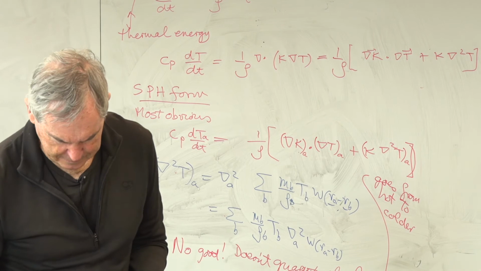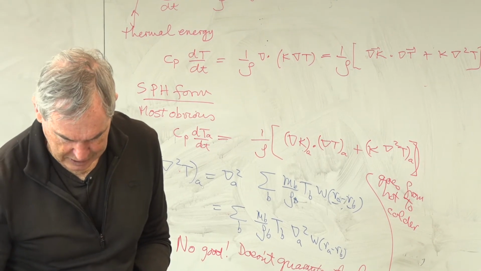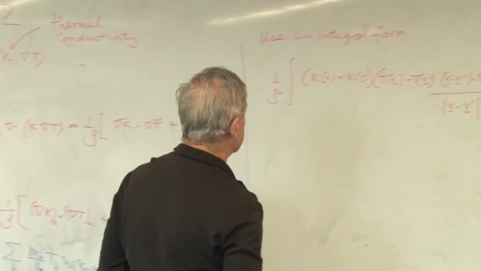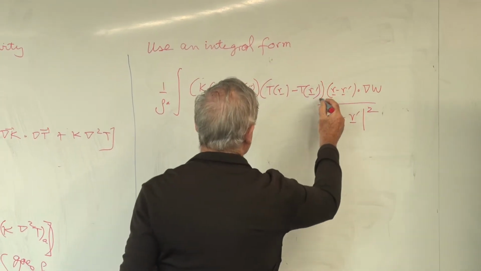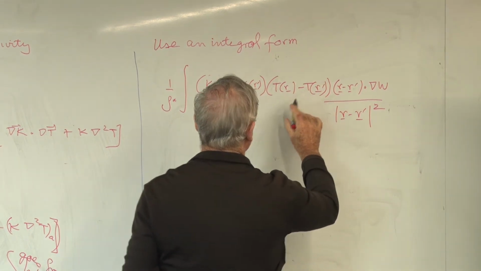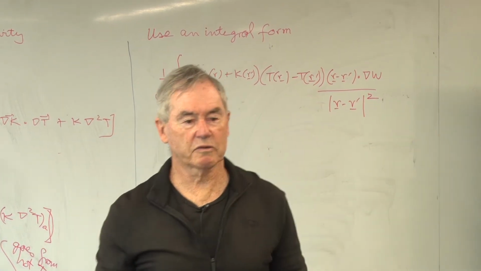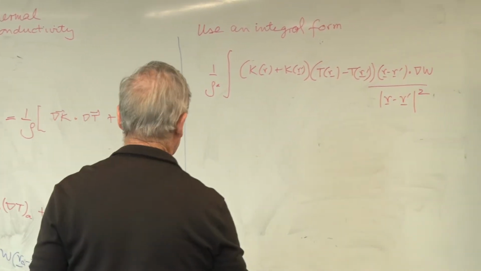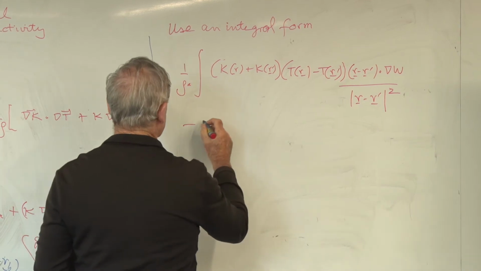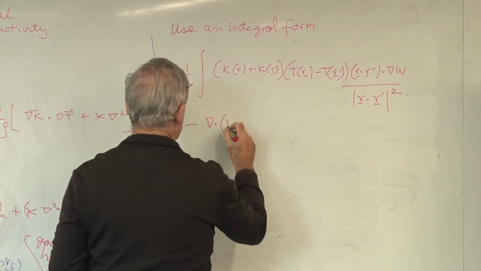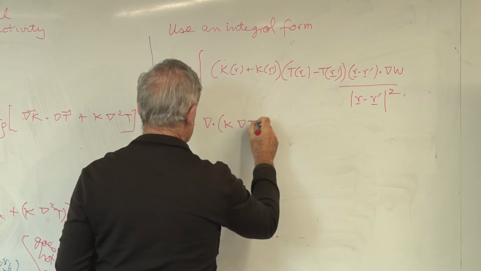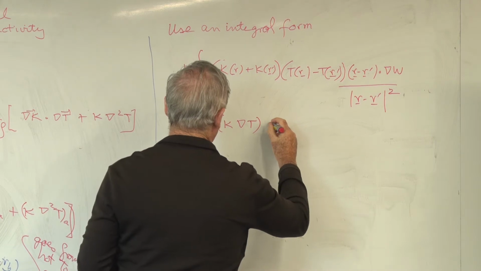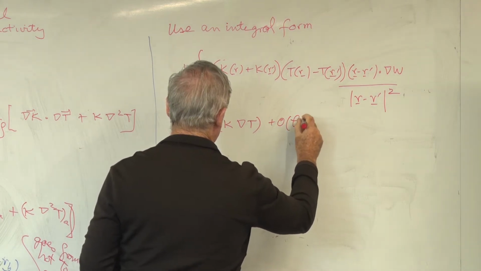Let me see if I have got this down right. Now this, if you expand it in the Taylor series, you get terms that involve x minus x dash, y minus y dash, z minus z dash, and expand it all out, you find that you get minus the divergence of kappa grad T, plus errors of order h squared, actually.